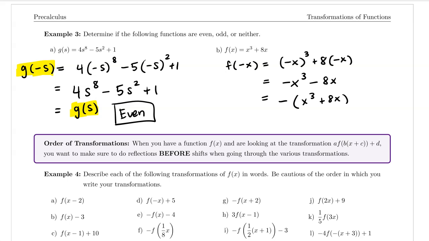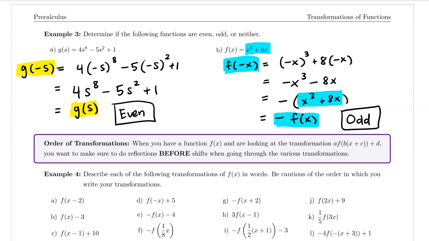Now, an observation that you might make is that the thing inside of the parentheses is the same as the function that we started with. So this is equal to negative f of x, or f of x times negative 1, because we have that f of negative x is equal to negative f of x. From the definition, we can conclude that this is an odd function.